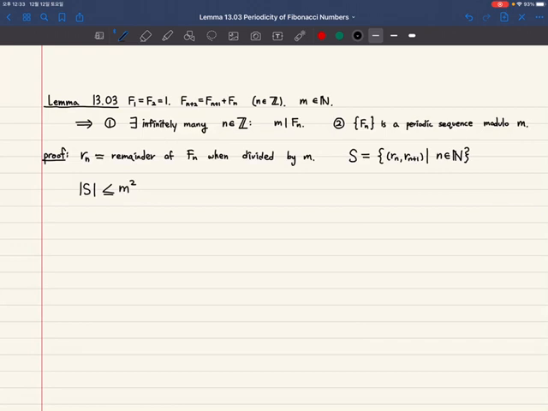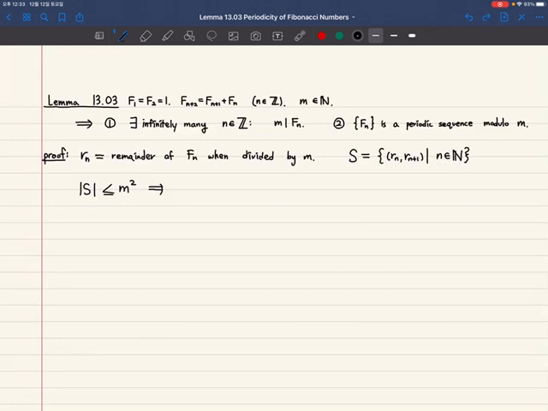But we notice that n is a natural number, and the natural numbers are an infinite set, but this set is restricting that infinite set.